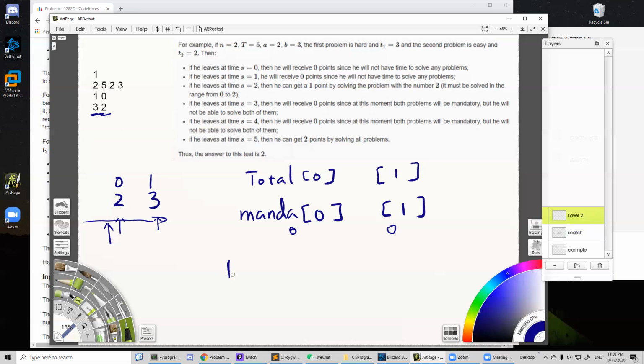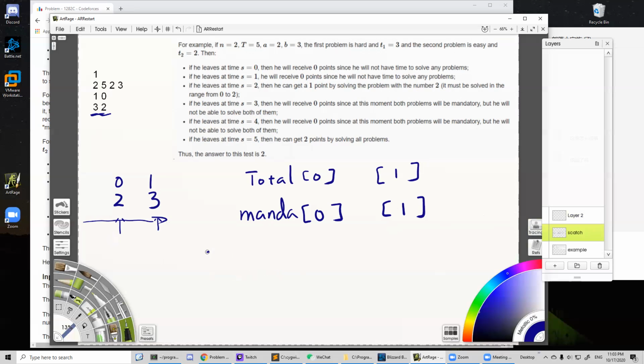The way we use the time to solve the problems is, first, we are going to use it to solve the mandatory problems, right?